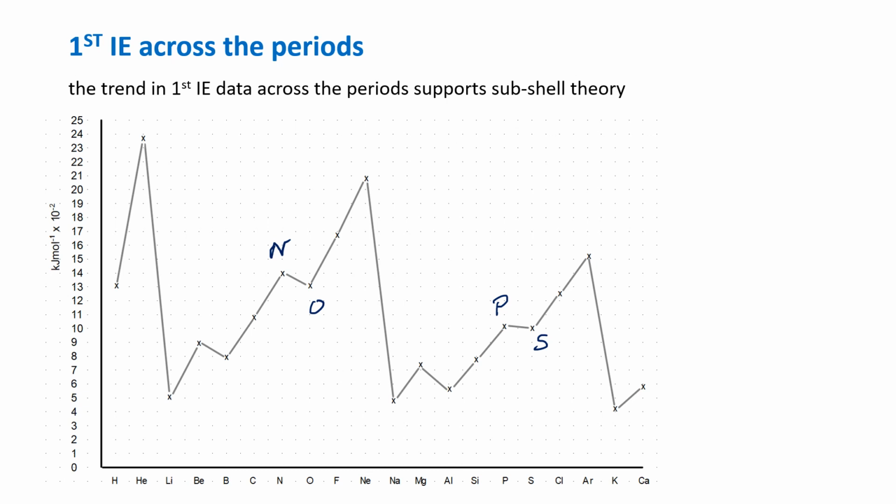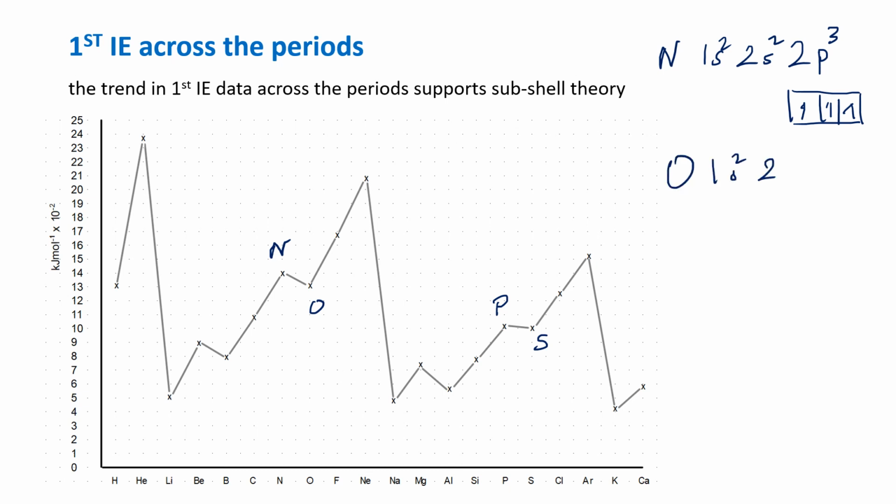So if we look at nitrogen, you know it's 1s2, 2s2, 2p3. So if I draw out the electrons in boxes notation for the 2p3, we see that the electrons will occupy an orbital singly. Oxygen, on the other hand, is 1s2, 2s2, 2p4.